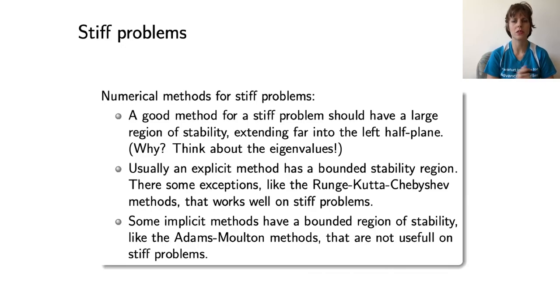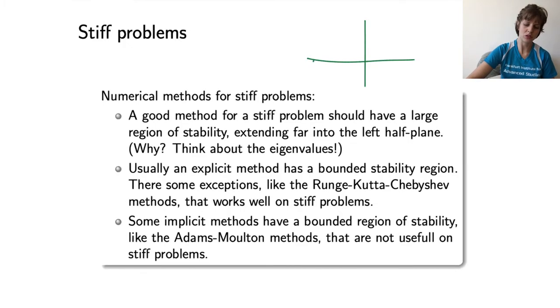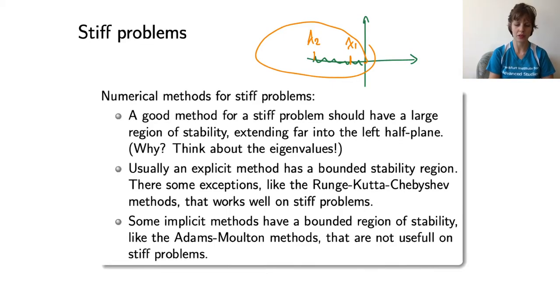That's because usually, as in the example that we have seen before, we had negative eigenvalues, and so they were in this region of the plane, okay? And we want it to extend far because one eigenvalue can be here, and another eigenvalue can be there. So we want the region to get all these eigenvalues inside of it.